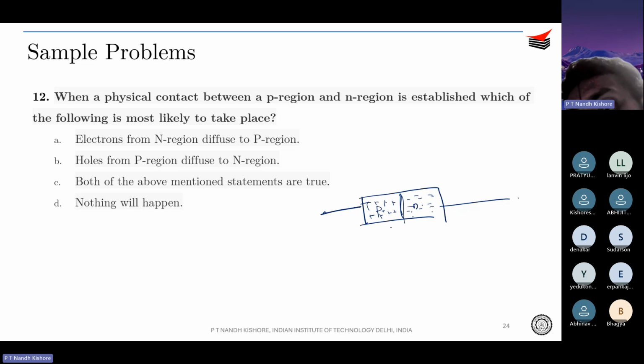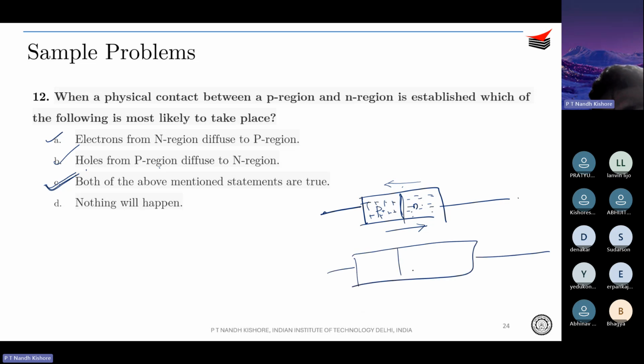Holes will cross over from the P region to the N region, and electrons will diffuse from the N region to the P region. Both of these will happen, and eventually a depletion layer gets formed.